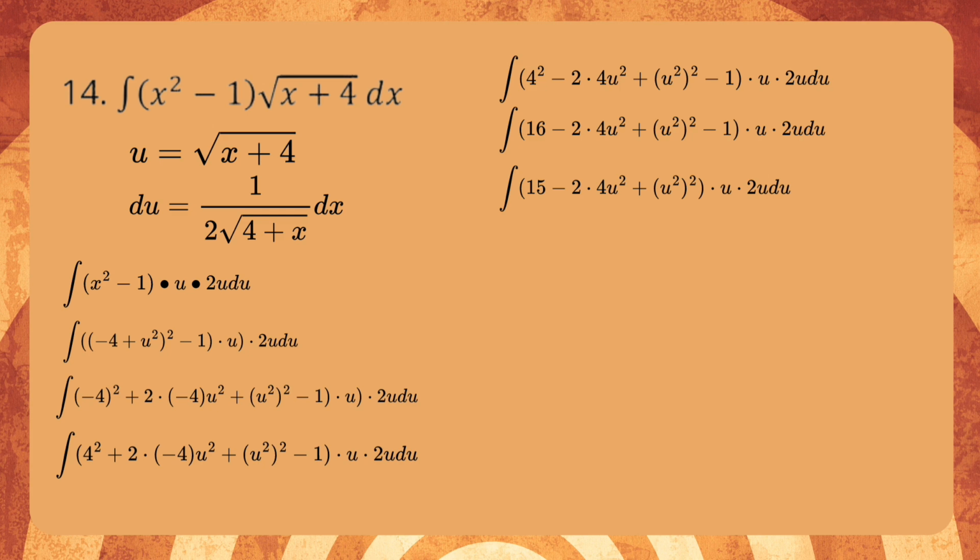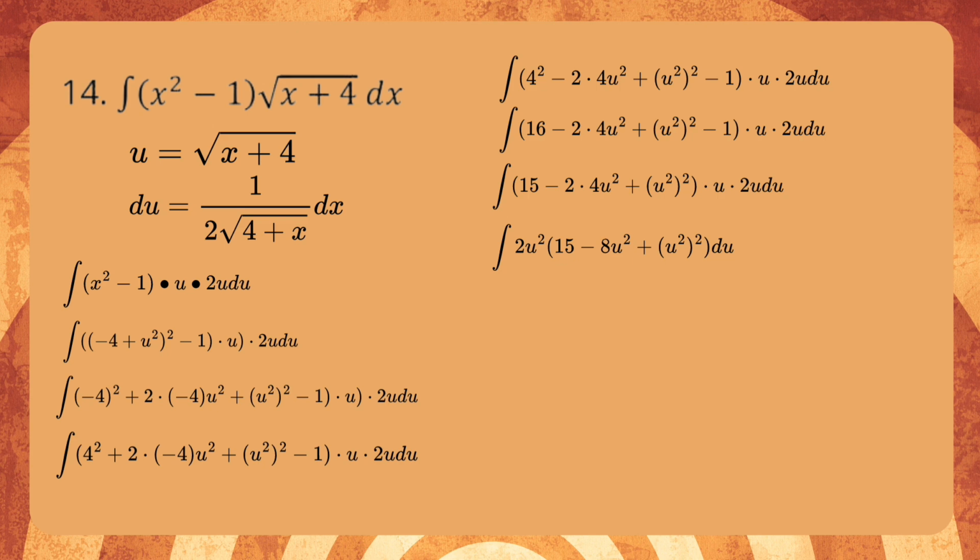Dito naman si 16 ay ma-minus natin sa 1 yung nasa dulo. Kaya ang magiging nasa unahan is 15. So, integrals of 15 minus 2 times 4u squared plus u squared times u times 2u du. Dito naman is mapupunta lang si 2u sa unahan, then matitira si du sa dulo.